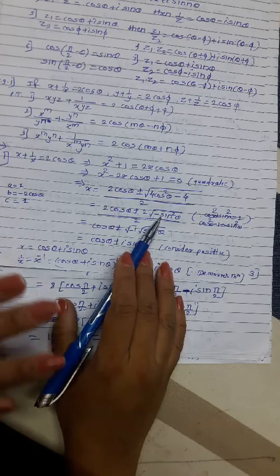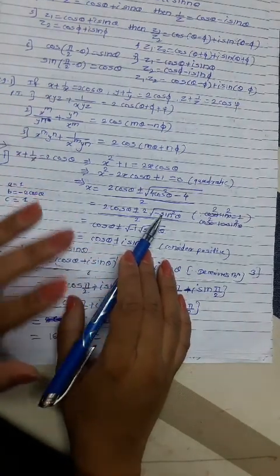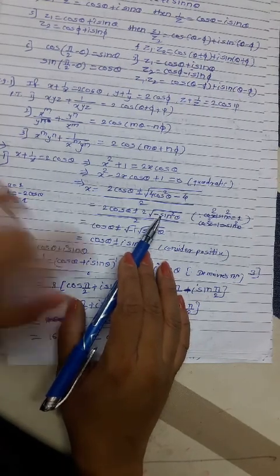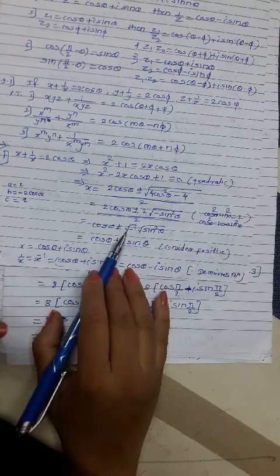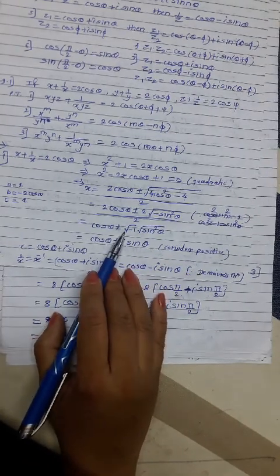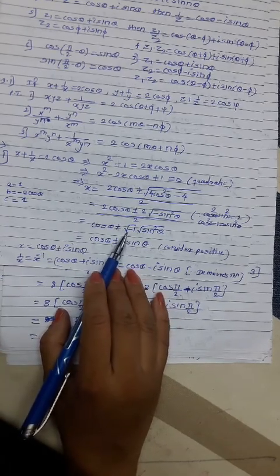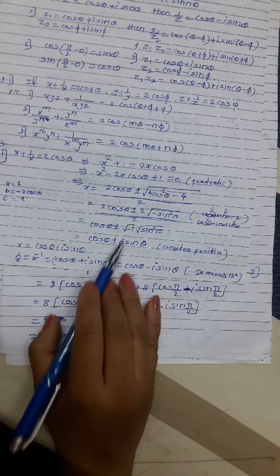Whenever minus comes in the root, just separate that minus 1 and the remaining term. The square root of sin square is separated out and the square root of minus 1 is separated out, because we know in complex numbers i square is minus 1, that is i is the root of minus 1. That's why the square root of sin square is sin, and the root of minus 1 is i.